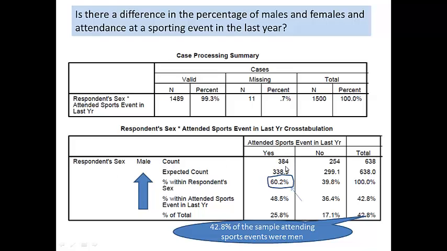We have 384 males who attended and 254 who did not, for a total of 638 males in the sample. Notice that 60.2% of males attended a sporting event in the last year. Now in the overall, that's 42.8 of the sample attending sports events were men.